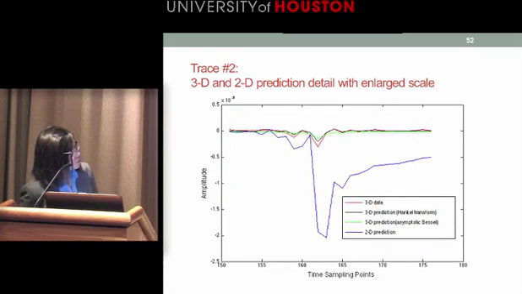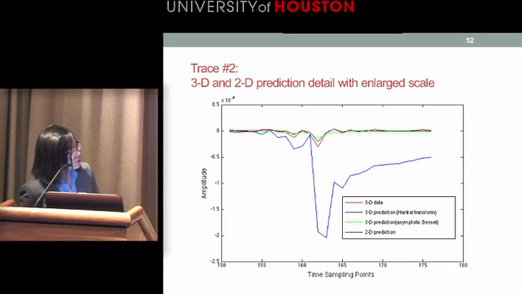Okay, you can see the dramatic difference between the 3D prediction and the 2D prediction. And you can see here the amplitude of the 3D prediction is still smaller than our original data, because it's an attenuator.